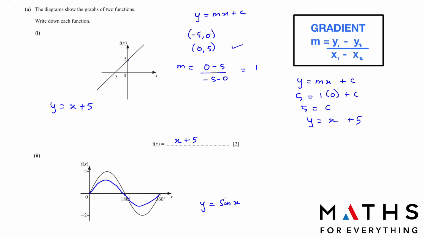But here your maximum value is 2. So if your graph is stretched like this or like that, or it is shrunk in the y-axis, whatever that number is, you write it before your sine or cos, whatever is there. So this is y is equal to 2 sine x. You need to know a bit of transformation of the graphs for this.